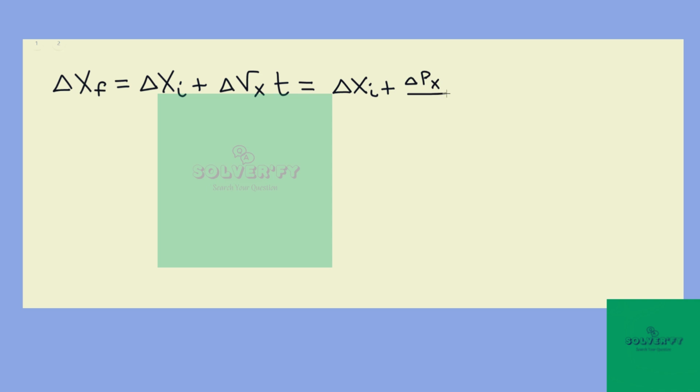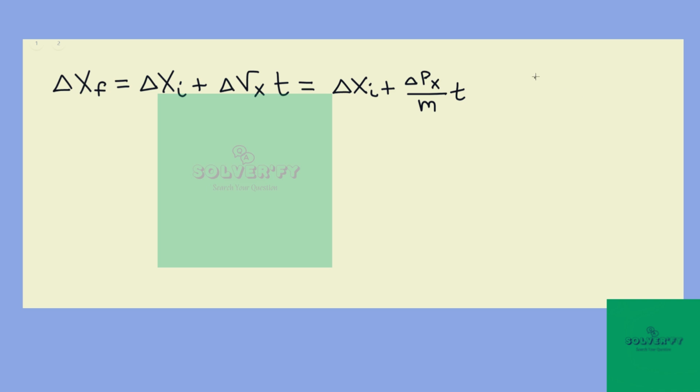So to start, using this kinematic equation, the uncertainty in final position is the uncertainty in initial position plus the uncertainty in velocity in the x direction times t. We can then express the uncertainty in velocity as the uncertainty in momentum over mass, which gets us a little bit closer to being able to use the uncertainty principle. So that's delta px over m times t.